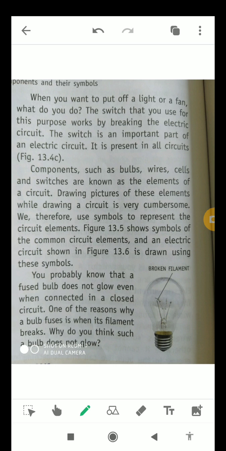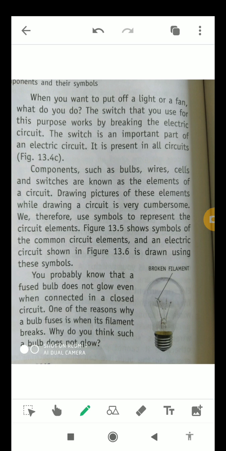Now, do you know why a fused bulb does not glow? There is a reason for it, students, that a fused bulb does not glow even when everything is connected in a closed circuit. One of the reasons is that a fused bulb is one whose filament is broken.